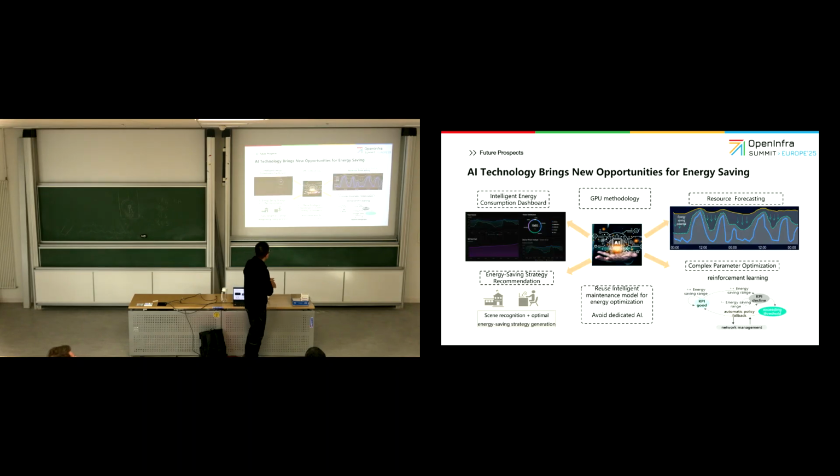Now we are introducing AI technology, which is in the development phase. We are seeing a requirement for a dashboard of intelligent energy consumption. To achieve that, we see that for hardware like GPU or NPU, there is a lack of APIs or interfaces to collect signals or control them.